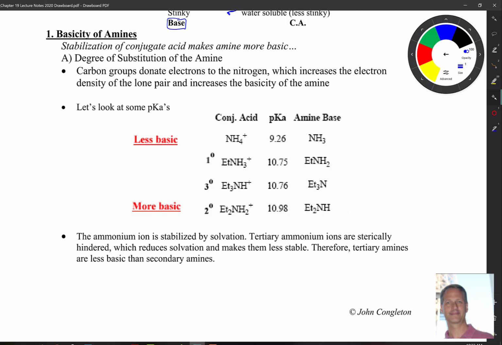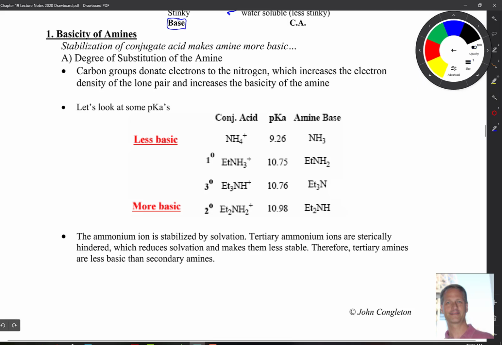So remember that these carbon groups donate electron density to nitrogen, which increases the density of the lone pair, right? And that increases the basicity of the amine. And so if you have your nitrogen here with its lone pair, remember that lone pair is the thing that's going to make a bond with hydrogen, right? So the lone pairs are the basic part.